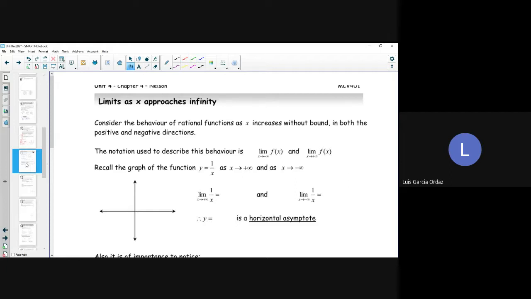So as x approaches all the positive infinities, it approaches a value of 0. Okay? So as I keep getting more positive x values, I keep approaching 0, but never exactly hit 0. And as x approaches negative infinity, my y values also approach 0.